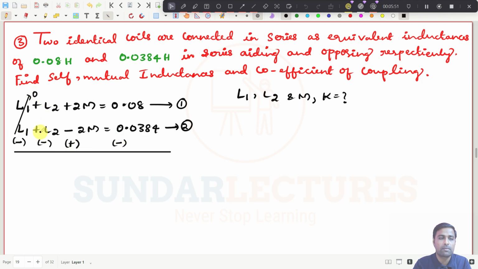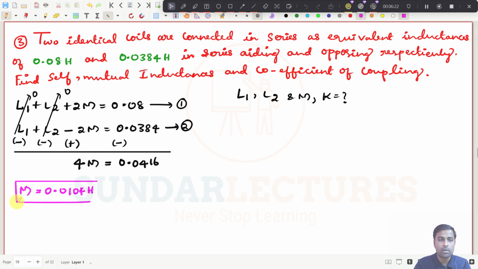So straight away this value becomes 0, this value becomes 0, and this becomes 4M, which, if I simplify further, is 0.0416. So M will be equal to 0.0104 Henry. This is the value of mutual inductance.